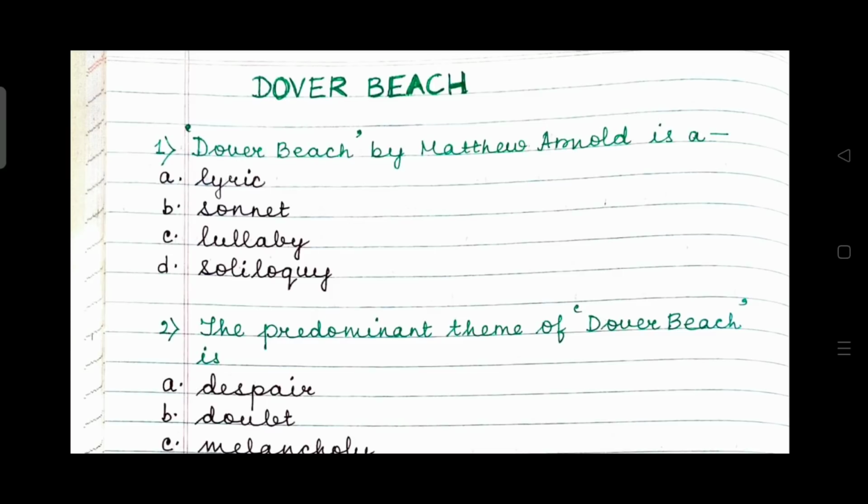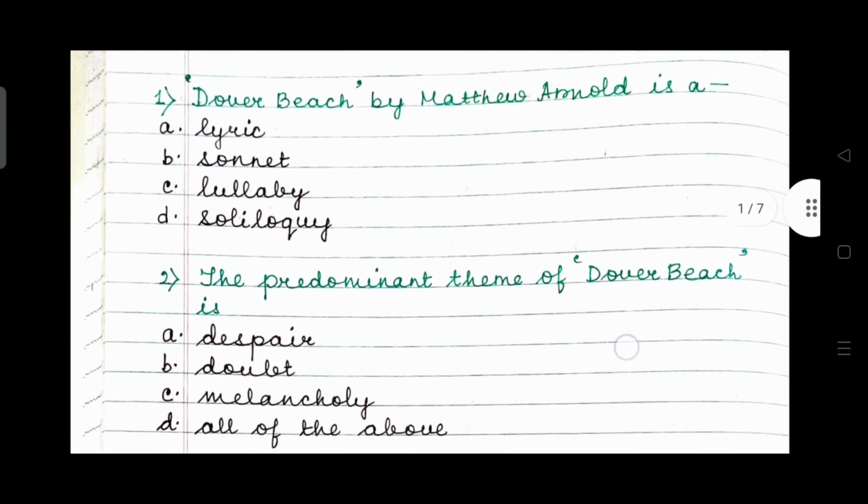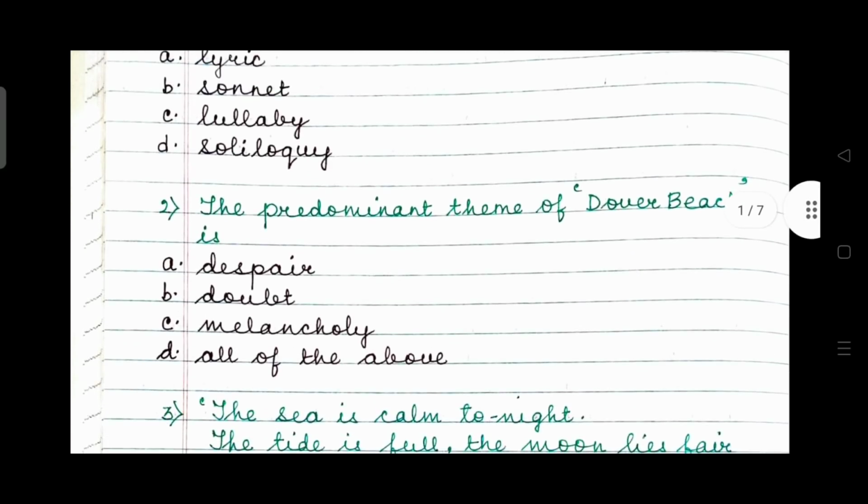The next one. The predominant theme of Dover Beach is option A, despair, option B, doubt, option C, melancholy, option D, all of the above. Now, doubt, despair, melancholy, all of the above. These four options seem interrelated, interconnected and almost similar.